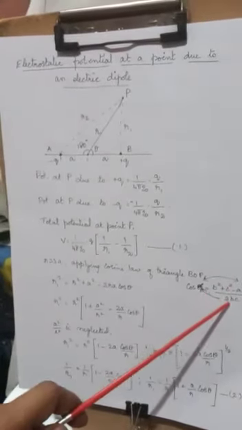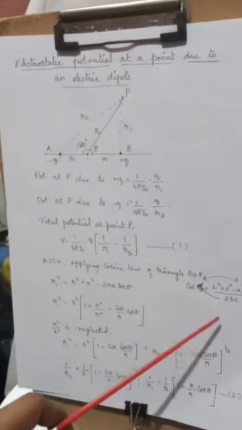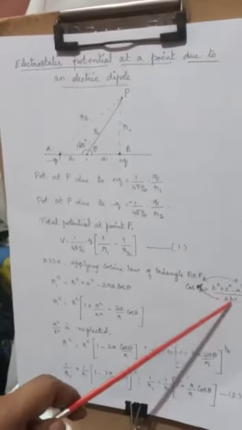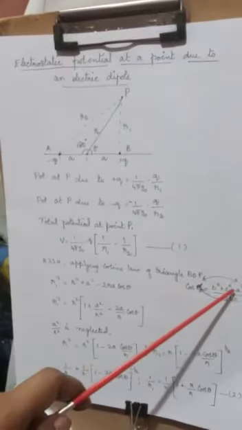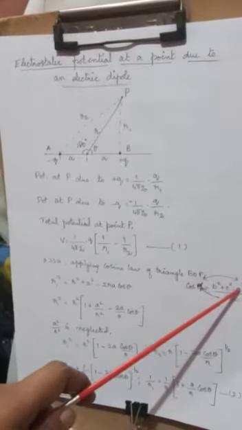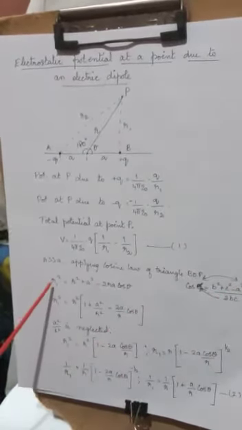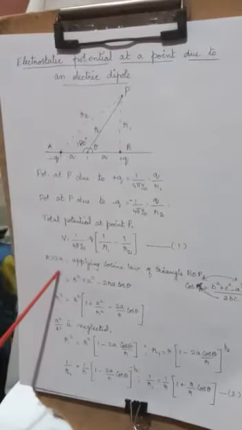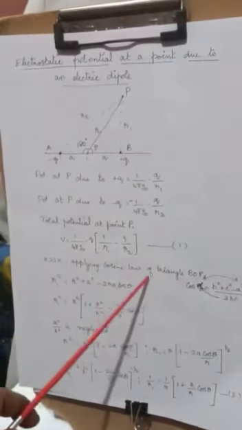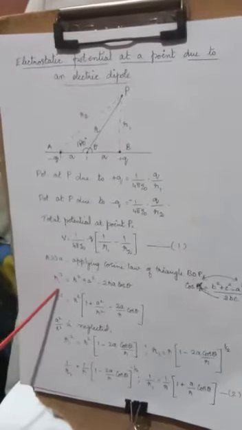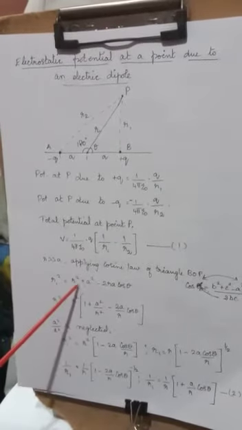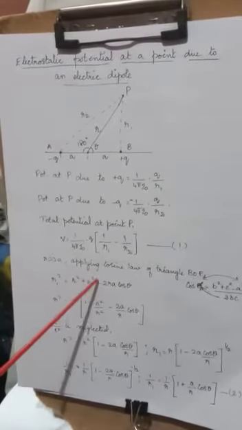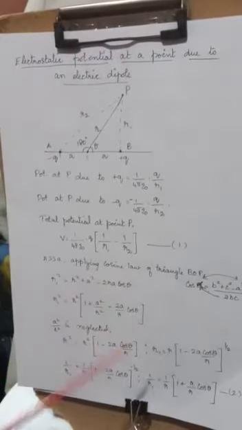So the numerator turns to 2ra cos theta. Then this minus a square moves to the left hand side, where the negative changes to positive. r1 square is equal to r square plus a square minus 2ra cos theta.